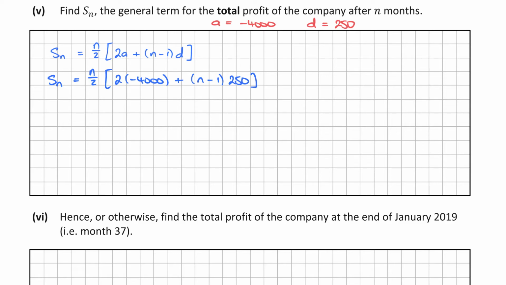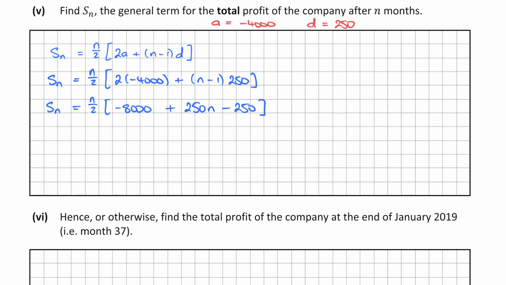Okay, the next step is just to expand everything there. So S of n is equal to, I'm just going to expand out these two sections first. So I'll expand this and I'll expand this. Okay, so n over 2 times negative 8,000 plus 250n minus 250.